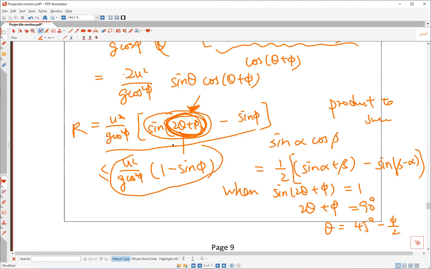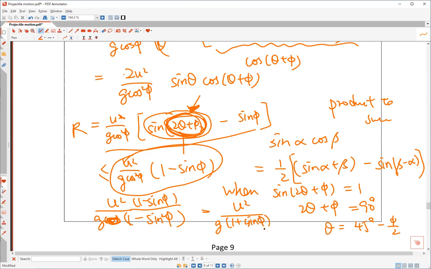Yeah, this can be the final answer already. But we can also simplify it a bit if you like. The cosine squared theta can be written as 1 minus sine squared theta. Then you know what should be simplified next. So you can also write the formula like u squared over g and then 1 plus sine phi.